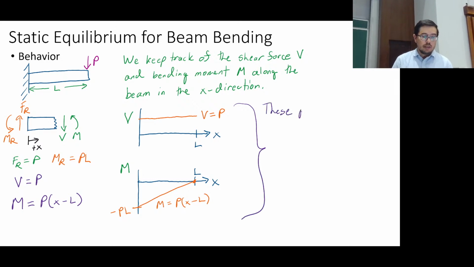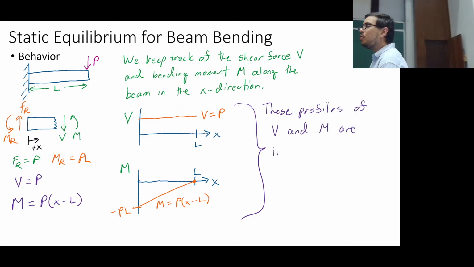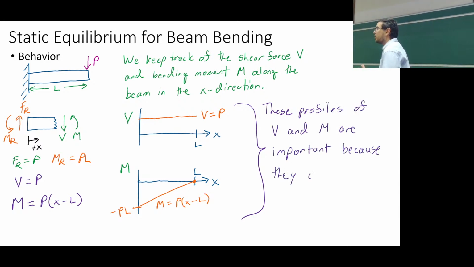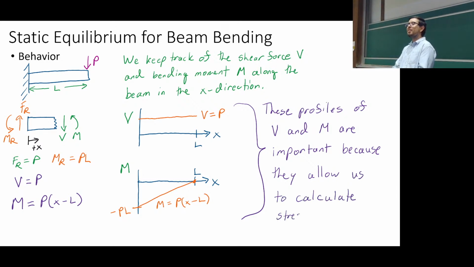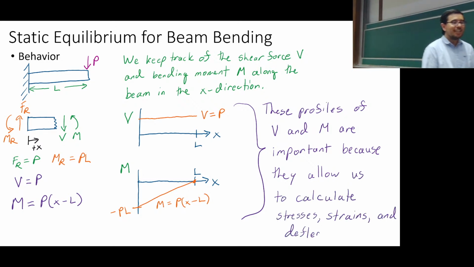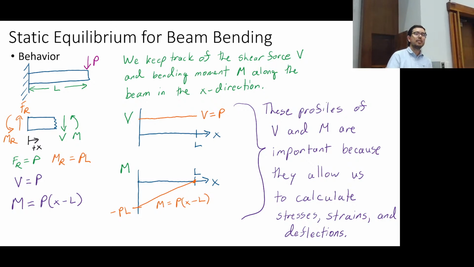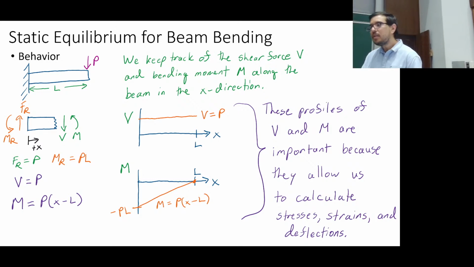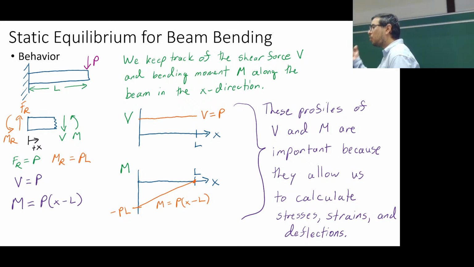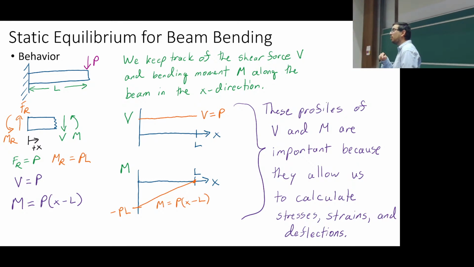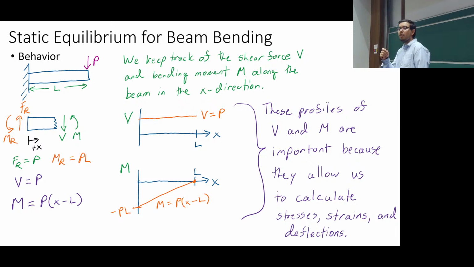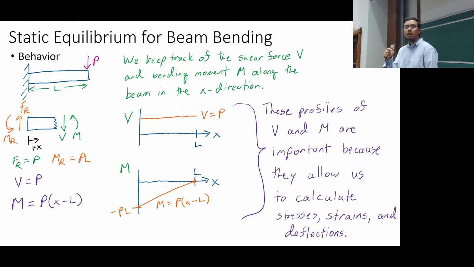Okay. Now, why did you spend a whole semester making these plots? It's so you could come to this class. No, but yes. It's so that we could calculate internal stresses and calculate deflections. So it's not going to be a long time before we get to answering this question, where we say, oh, sigma, the axial stress, is going to be proportional to the internal bending moment.